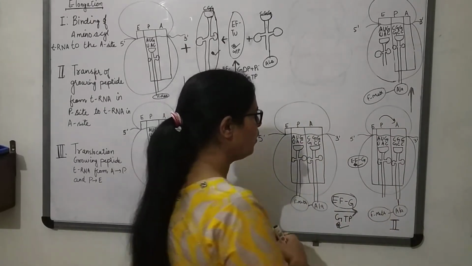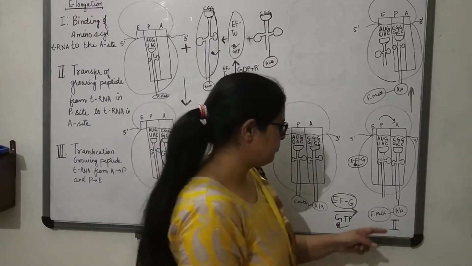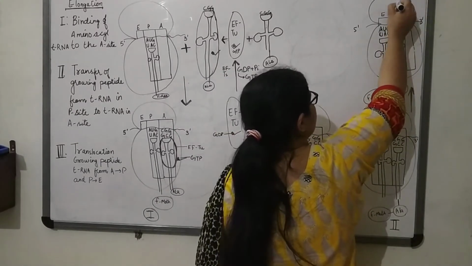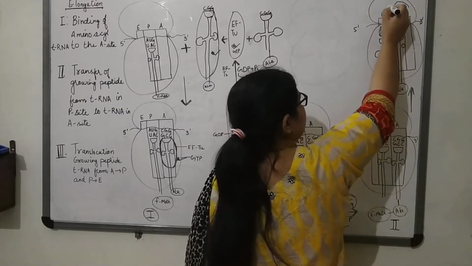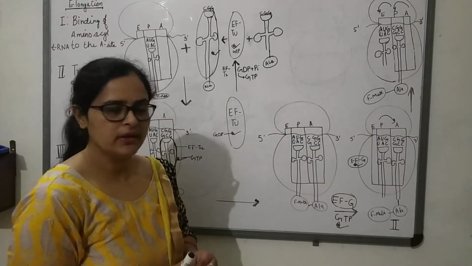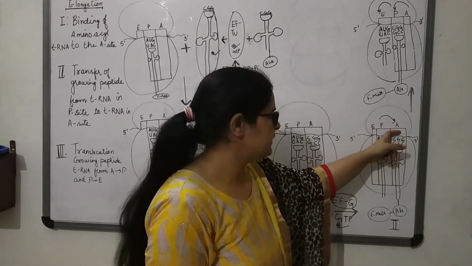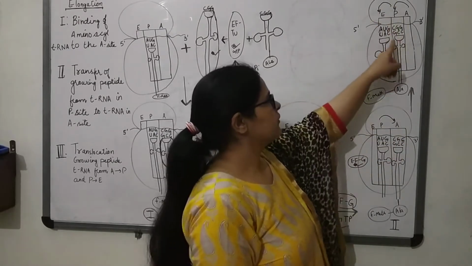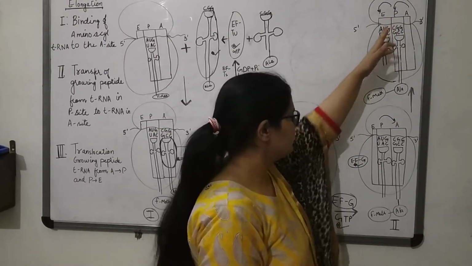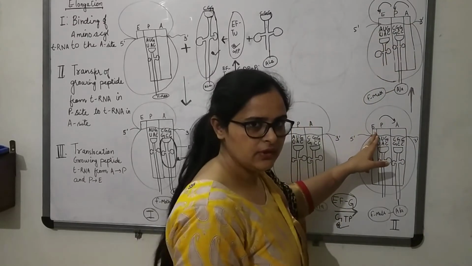Okay, so all the amino acids which are combined together with the help of peptide bonds will again come from the A to P and P to A. So whatever material is present in the A site will further transfer to the P site, and whatever material is present in the P site will come to the E. Clear?